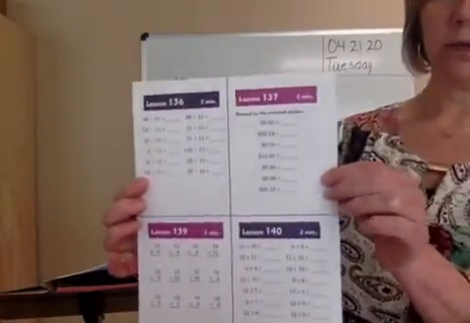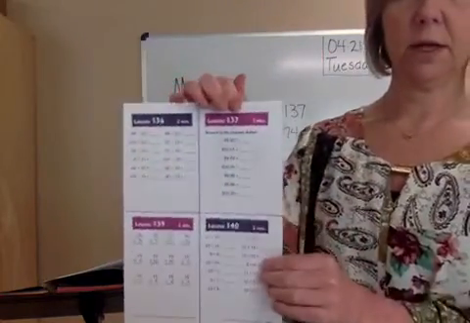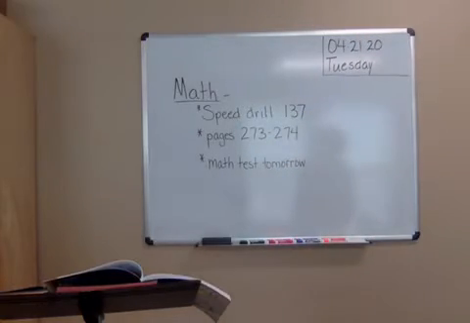Lesson 137, right here. You have round to the nearest dollar. And you have 2 minutes. Let me grab my timer.